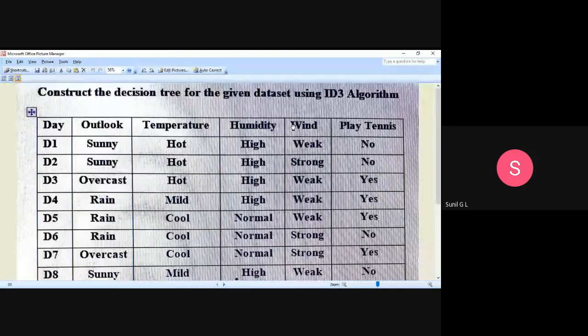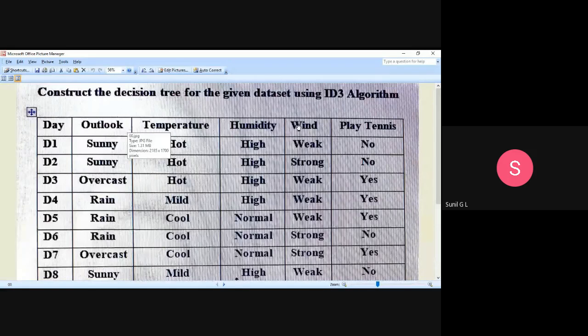Then we need to compare the gain of all these four. Whichever one has the highest gain becomes the root of the tree.